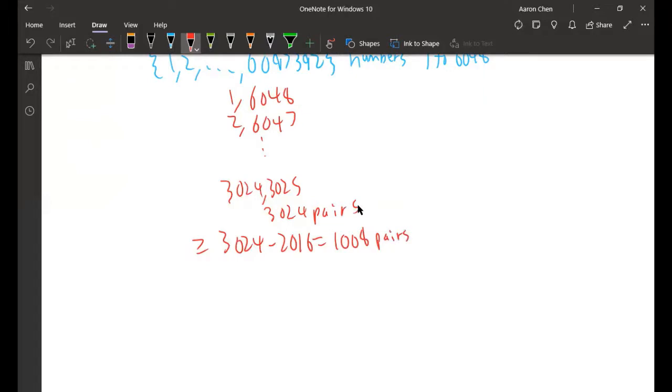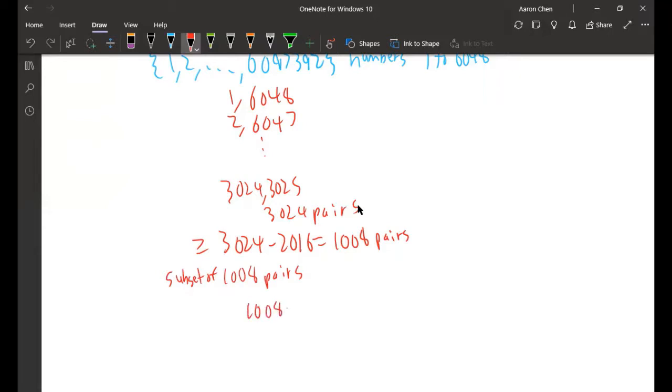And so we can take any subset of 1,008 pairs from the remaining pairs, and each pair sums to 6,049.